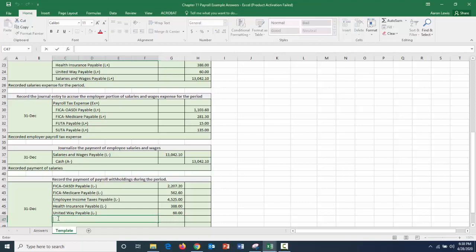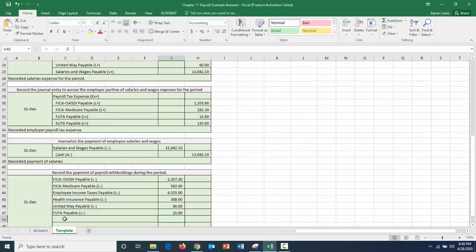Now we have the employer portion, and their two taxes were FUTA payable. Again, liability account going down. That was for $15. And SUTA payable, which is another liability account going down. This one is for $135.